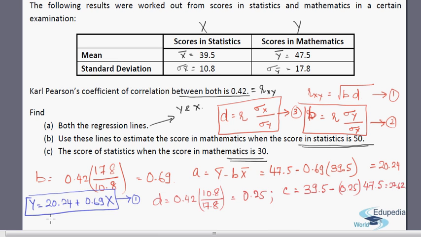So I can now write the second regression equation, which is x equals c, that is 27.62, plus 0.25y. So here I have the second equation, equation number 2.